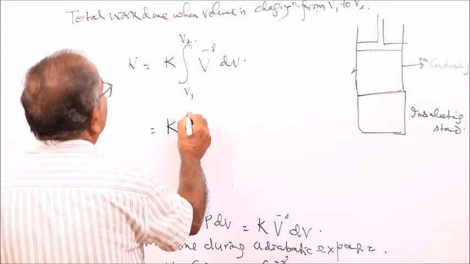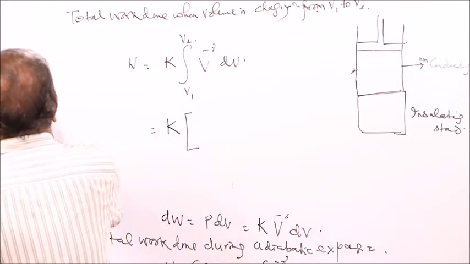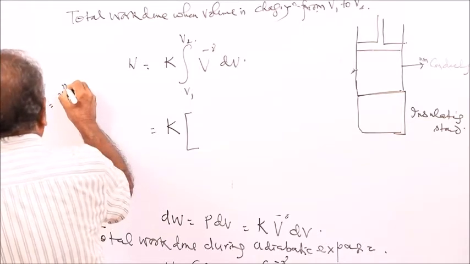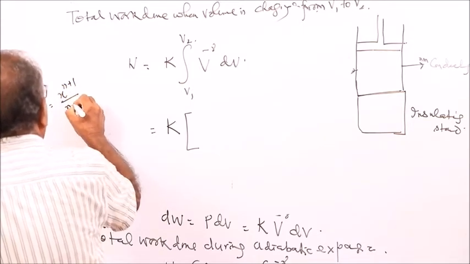You know that the integral of x to the power n dx is equal to x to the power n plus 1 by n plus 1, plus a constant.